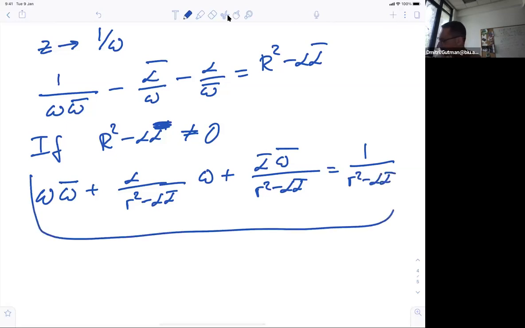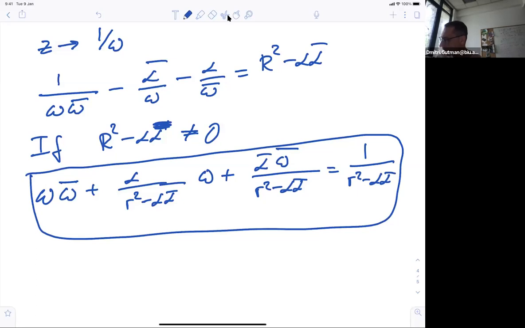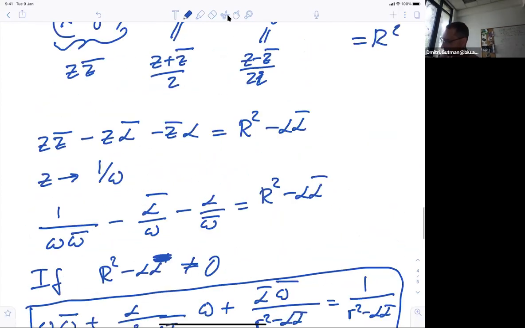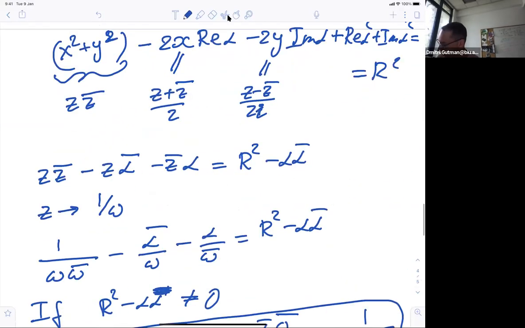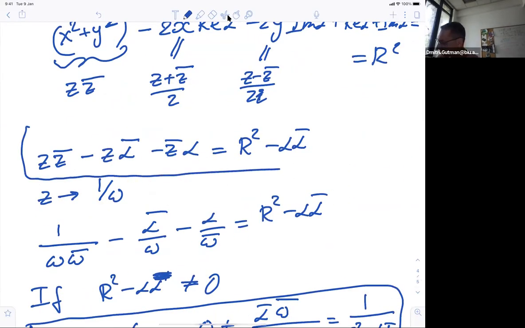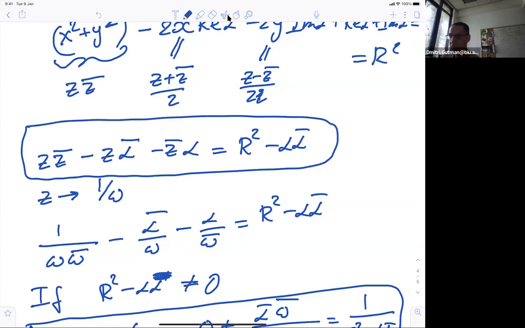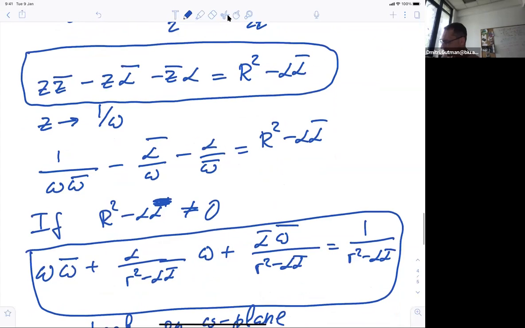And if you look at this equation on the W plane, it has the same structure as the equation we started with on the Z plane. If you compare these two equations, you see that they look alike.